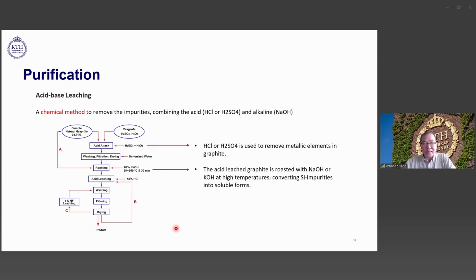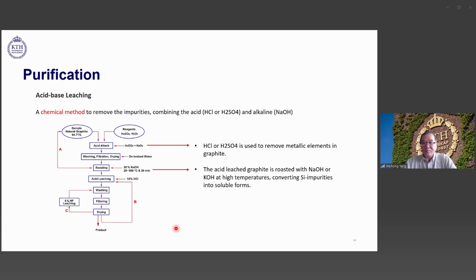And sometimes we have quite a lot of impurities. It's not only silicon oxide, we have metals, we have other acid compositions. Then we have to use more multi-stage treatments, like acid-based leaching. You can remove the impurities. Basically, we combine HCl, H2SO4, and alkaline together.